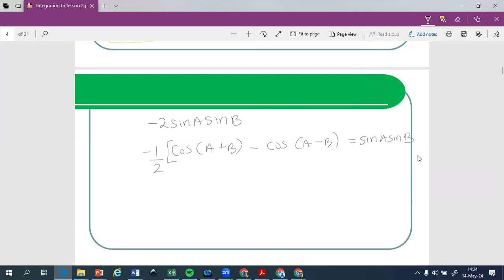Yes, Jemima, this is very okay, but I want us now to make it a bit more beautiful. To make it more beautiful, I want us to ignore this negative. So I'll have a half, and that negative I'm going to put inside.